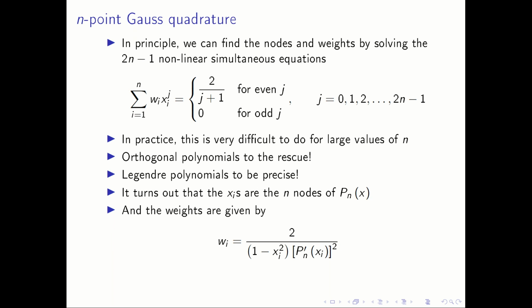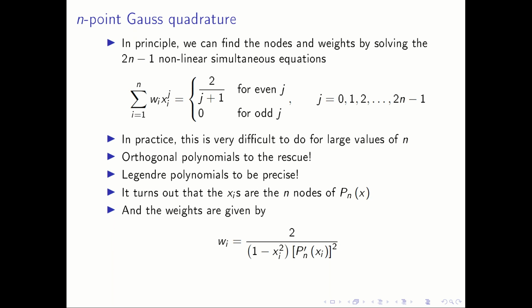Now, the reason why these equations, where exactly the xi's are and how to calculate the weights, are really not that important for us is that you can readily find tables in books or on the internet where the weights and nodes for n-point Gauss quadrature are tabulated.